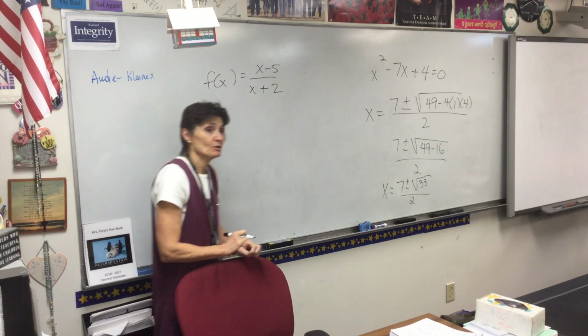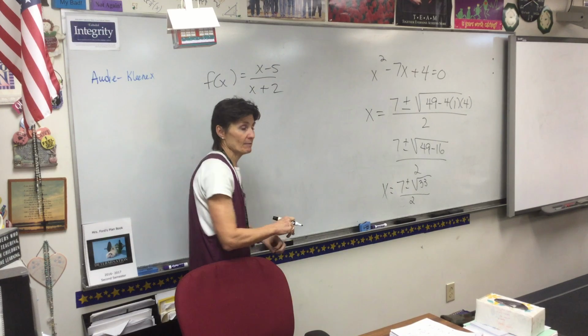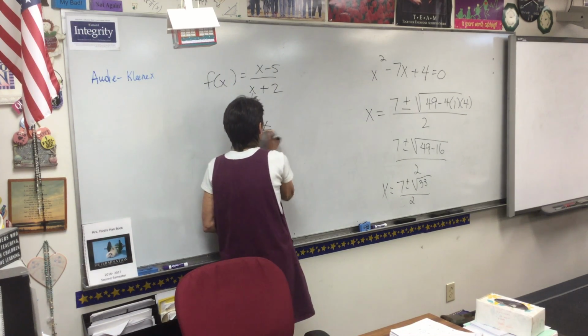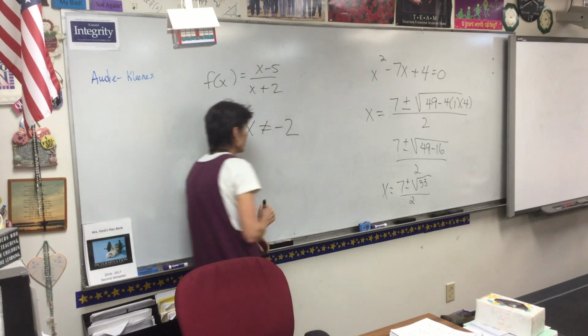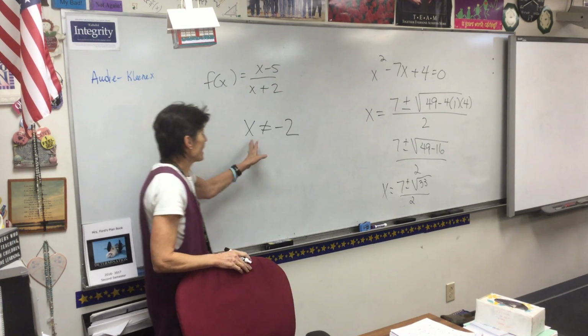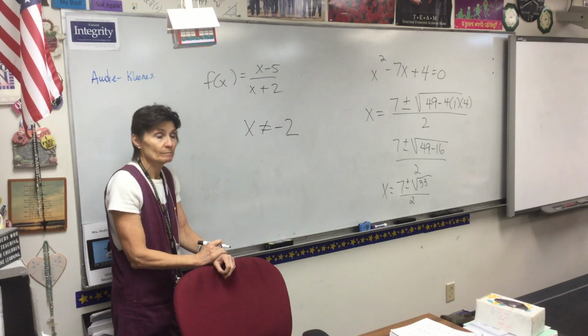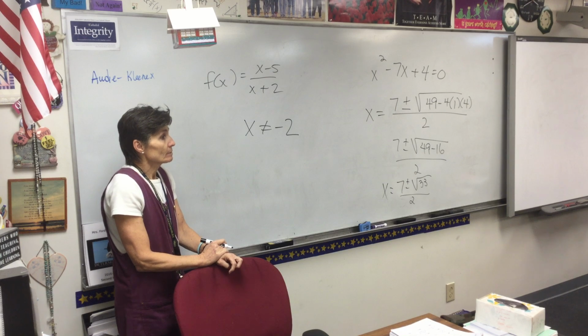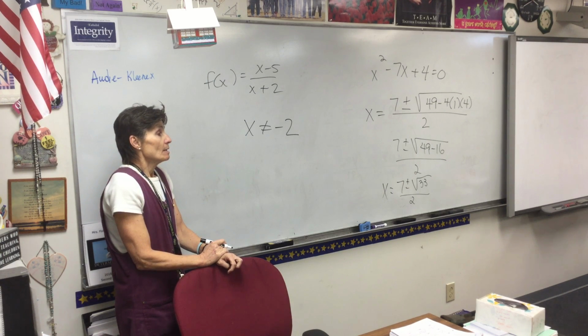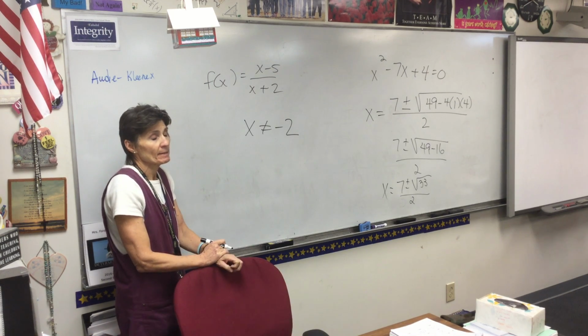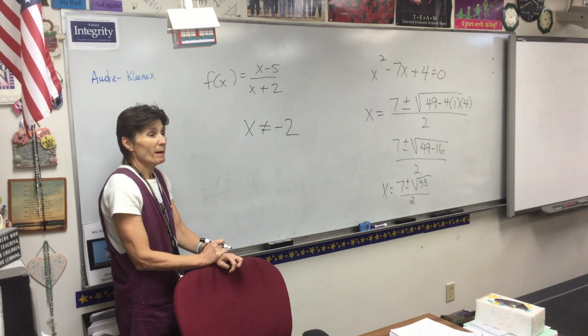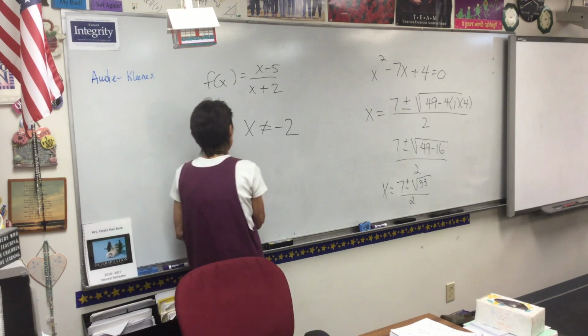What about -2? I thought it can't be. It can't be -2. So when we did these before, we just wrote something like x can't be -2, right? On the exam, it might say x can't be -2, but it might also say this.